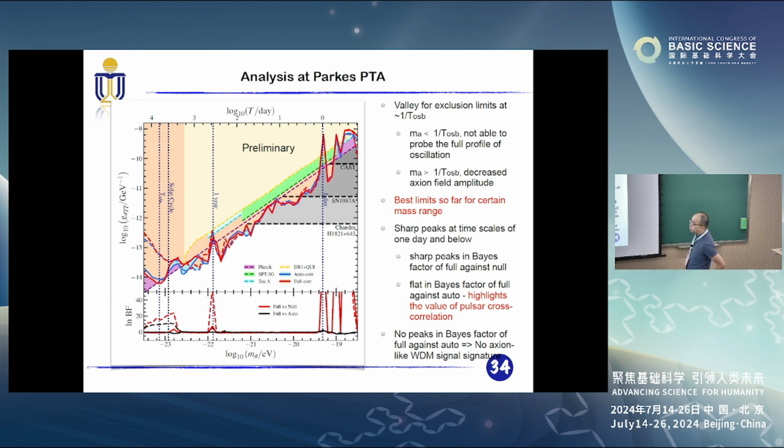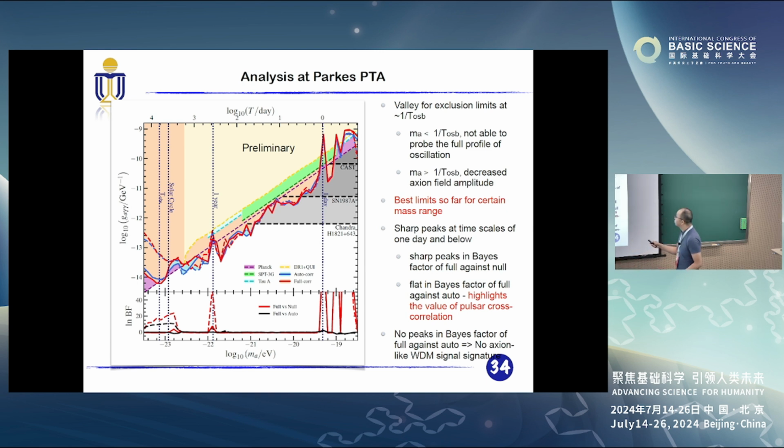From this master plot, we can see for the exclusion limits, there exists a valley structure at the point about the inverse of the observation time span. This can be understood.